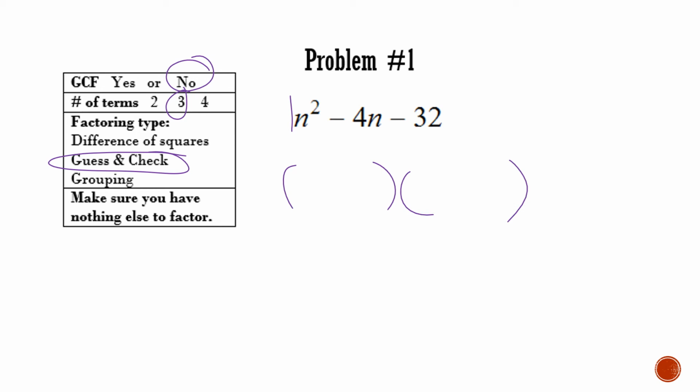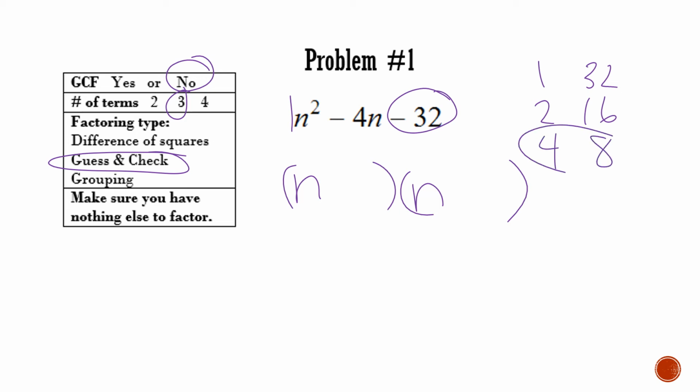If you remember on our guess and check, I need an n and an n here, so that when I multiply, I get n squared. There's a 1 there, so that's nice. But now I want to look at those factors of 32 that help me get to 4. So 1 and 32, 2 and 16, 4 and 8.